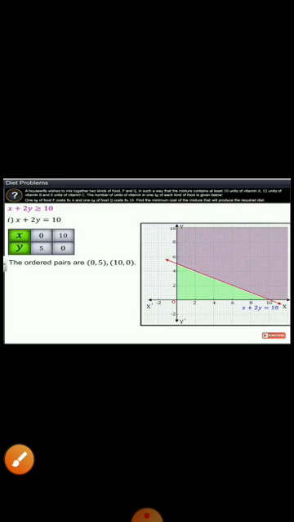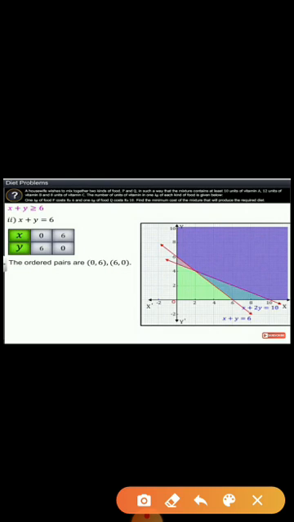Clear? Now check the second equation. We consider x plus y equal to 6. Plot the points and see how it is. Again, put x and y as 0 in the inequality and you will get 0 greater than or equal to 6. Is the condition true? No, it is false.